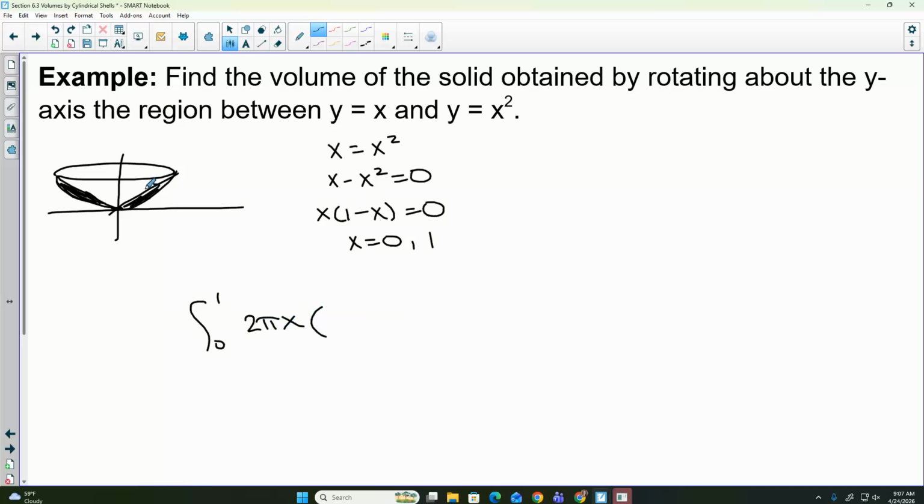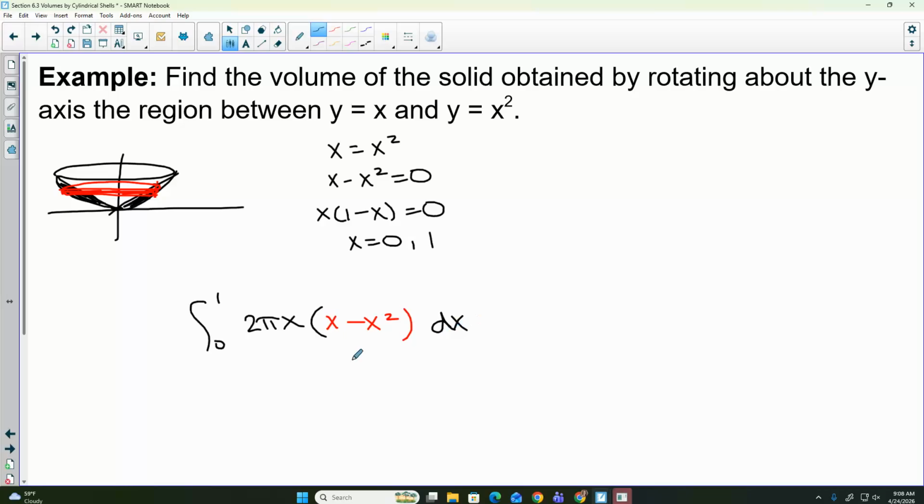Now my function: if we took a shell here, so instead of just looking at a circle, if we did this 3-dimensional shell and I took that slab, the height of this is the distance between these curves. So that would be x minus x squared, the higher one minus the lower one.